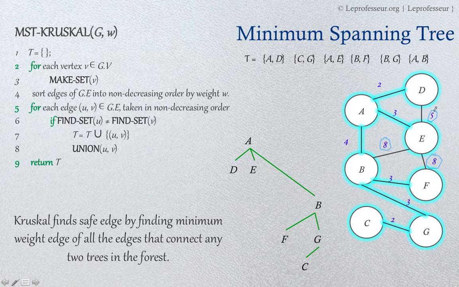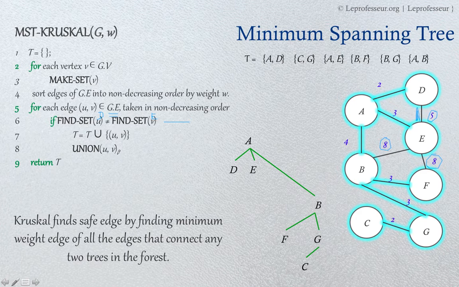Now let's look at the edge with weight 5 between D and E. If we take D and E, is it a safe edge or not? If we execute the operation at line number 6, find set U means find set D, and then find set E, and that will be equal, because these belong to the same tree now.